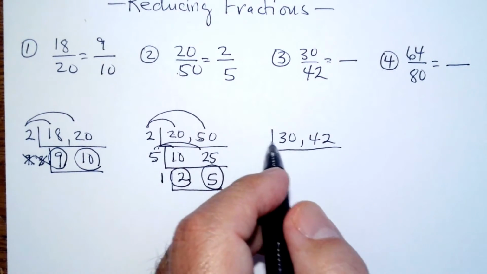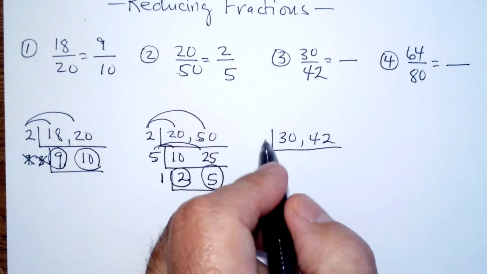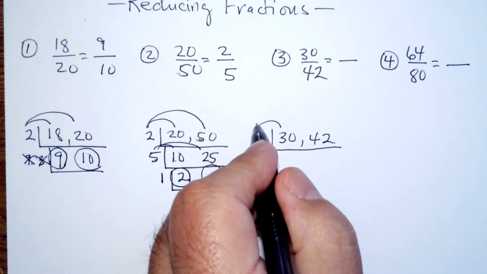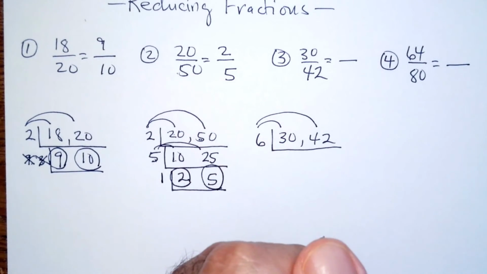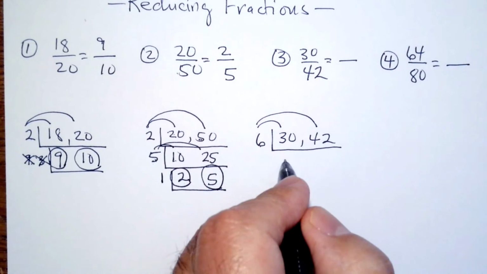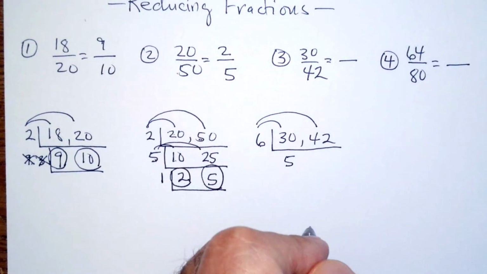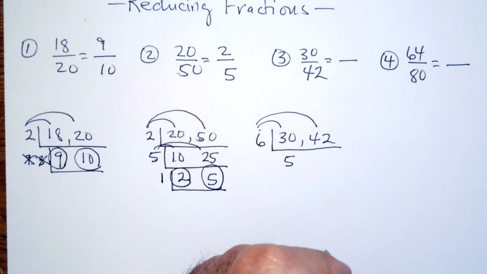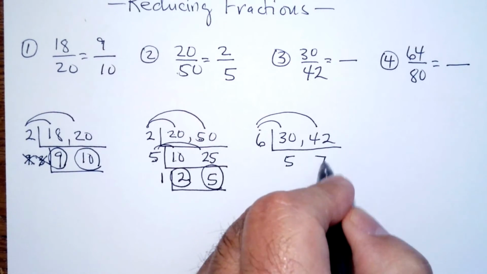We can start with 2, but you notice that if you know your multiplication facts, 6 goes into 30, 6 goes into 42. 6 goes into 30 how many times? 5 times. 6 goes into 42 how many times? 7 times.